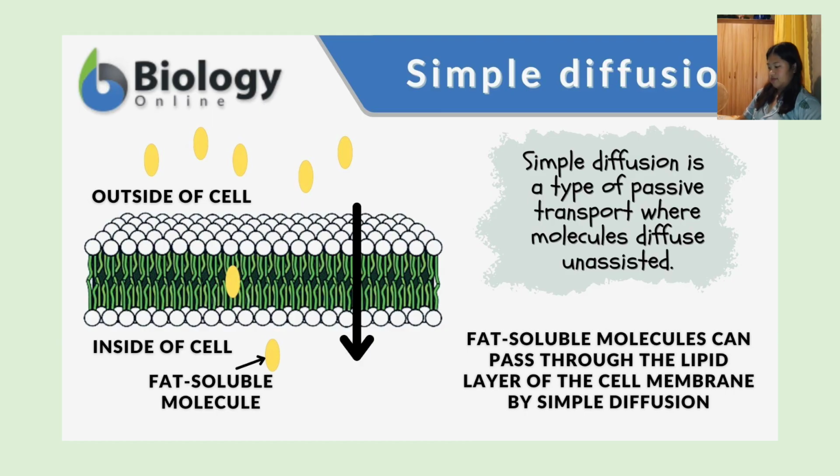So let's move on. I have here a picture. As we can see, the fat soluble molecule can just pass through the layers of the cell membrane because it is small. It can easily go through without the help of a protein.